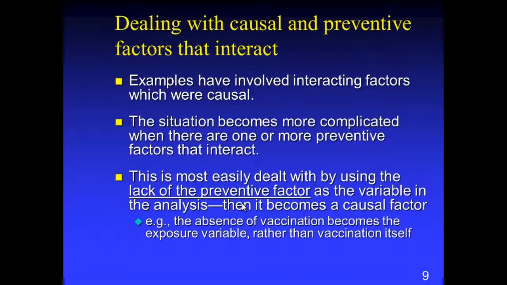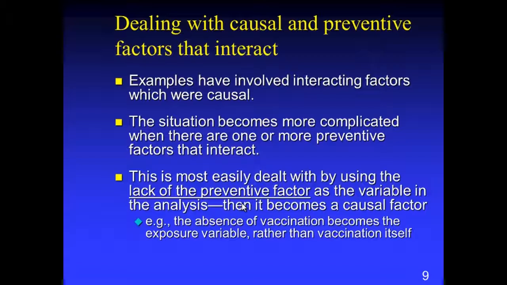So in the examples that I've been showing you to do with effect modification, we've used factors that interacted but which were both causal. And it becomes more complicated to carry out these sorts of analyses if you've got preventive factors, in other words, factors which reduce the risk. So the easiest way to deal with that is to examine it in terms of the lack of the preventive factor.